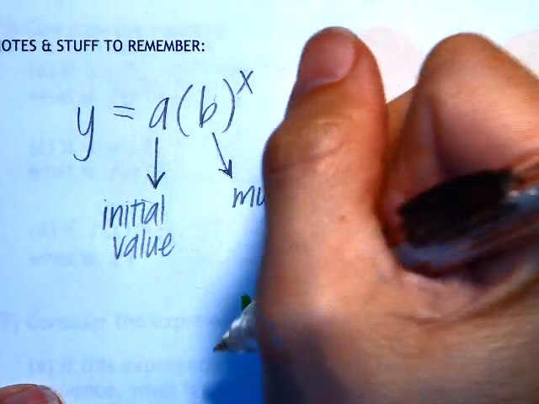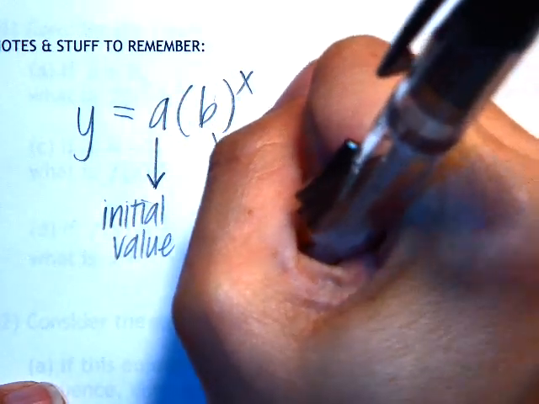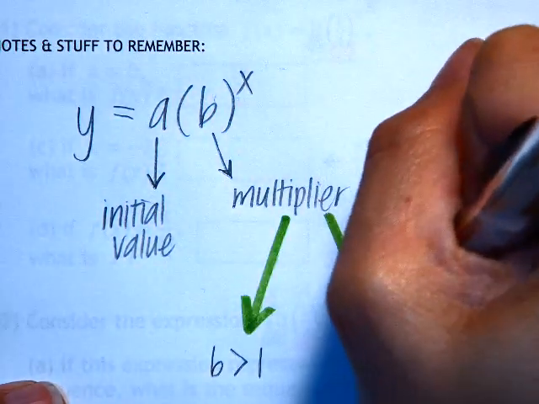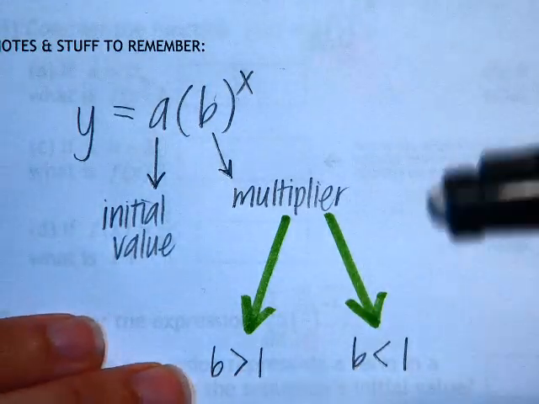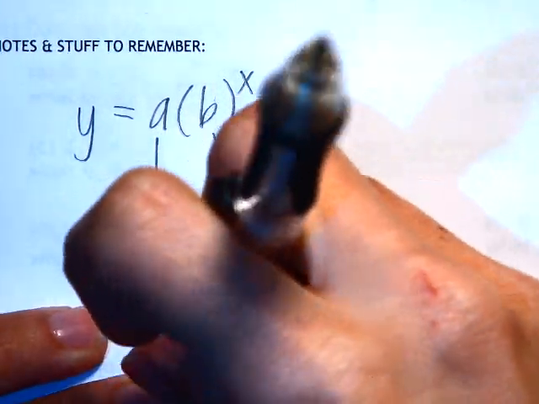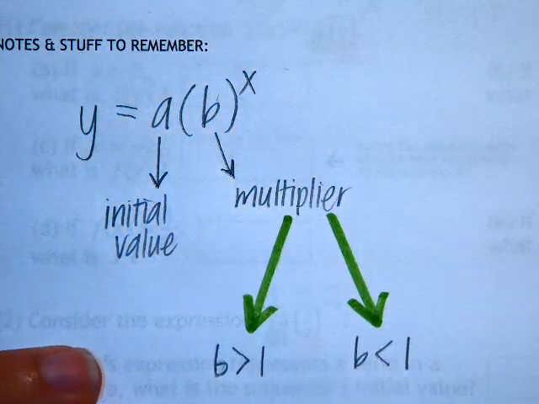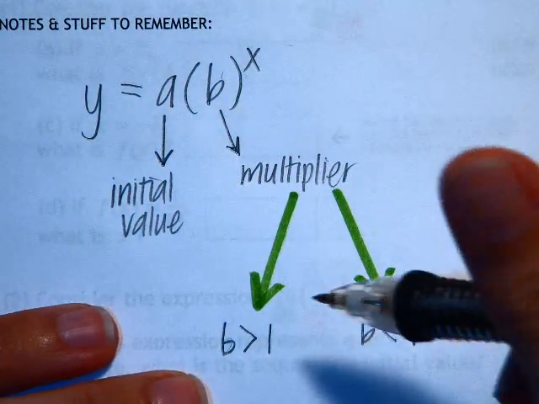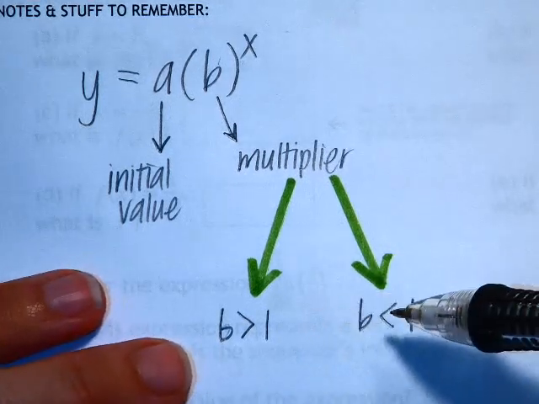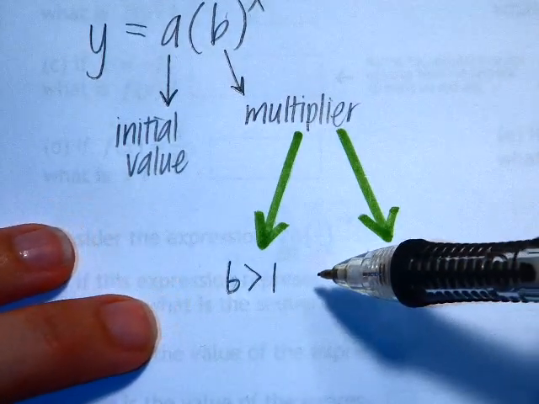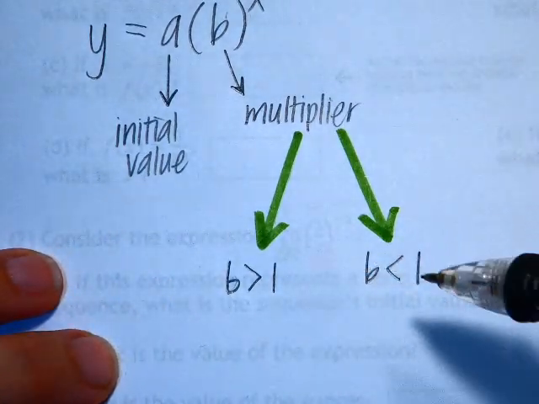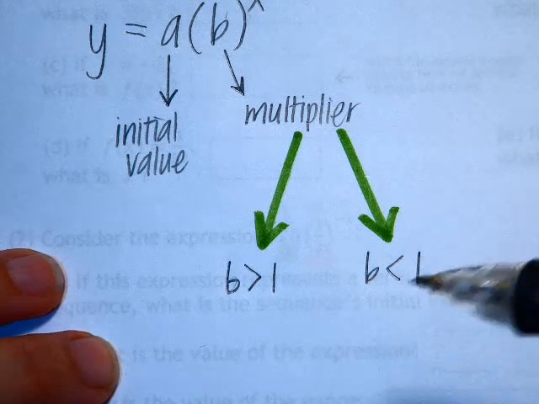Now, it is possible that the multiplier is equal to 1, and we'll talk about that, but let's consider both possibilities for a second. Either way, make sure that you're noticing here that the value of the multiplier itself is going to dictate the shape of the graph.